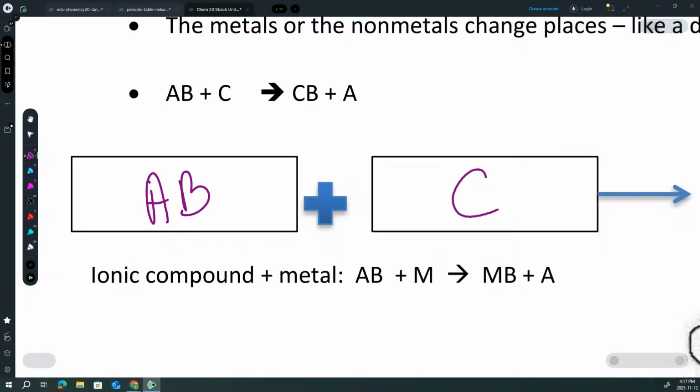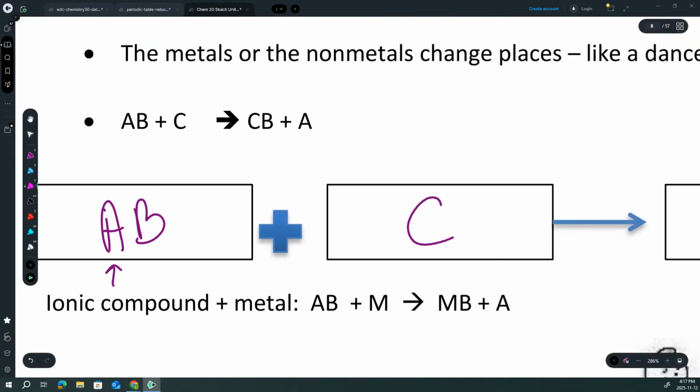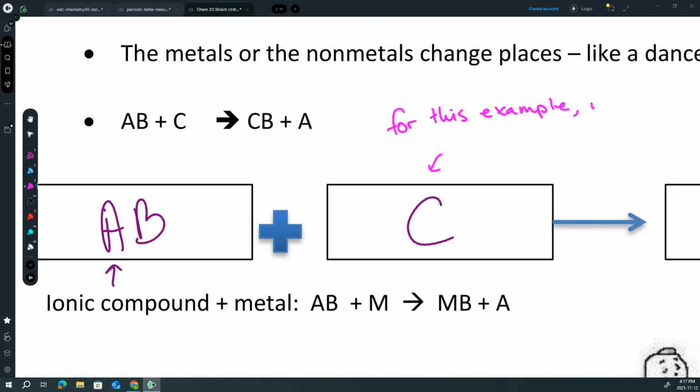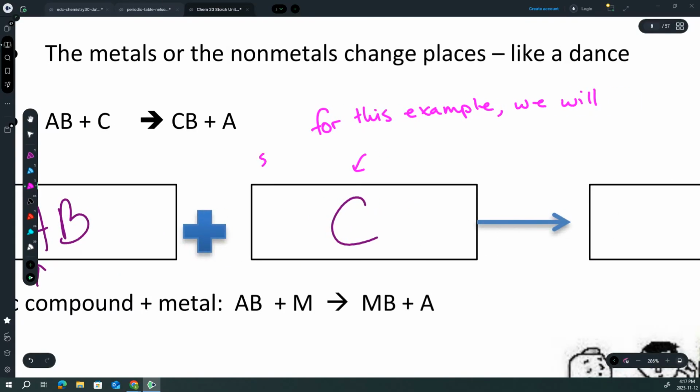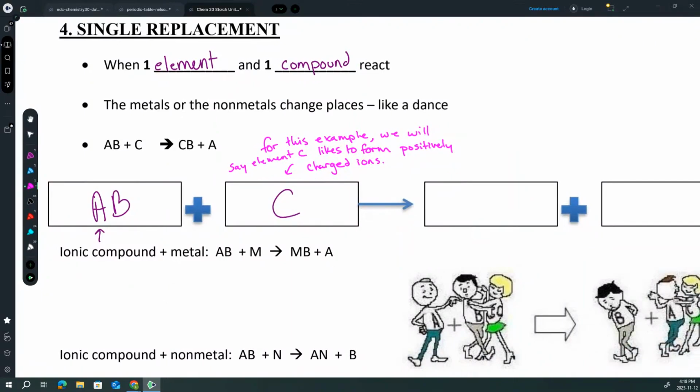Because in chemistry we typically write the positively charged ion first, I'm going to switch A and B. So then A and C switch spots, because you're just switching positive with positive.